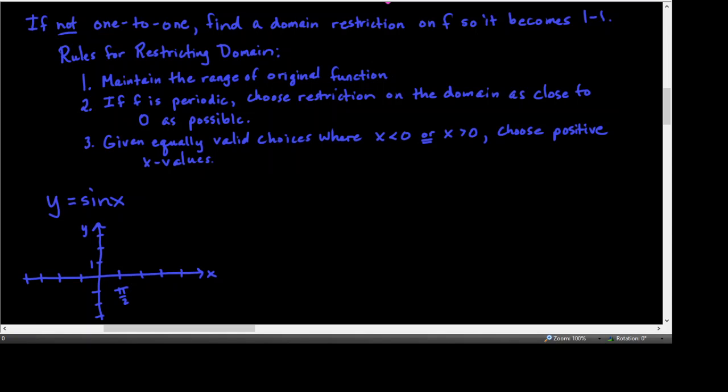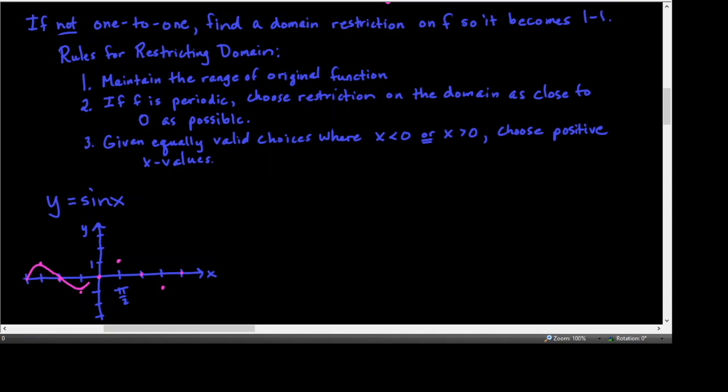So, y equals sine of x. So sine of 0 is 0, middle, then high, middle, low, middle, going this way, low, middle, high, middle. And that's a portion of our graph.